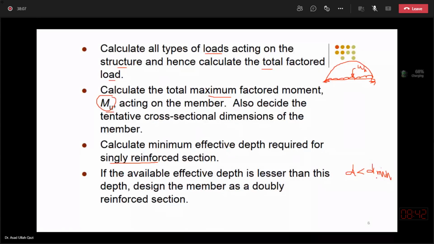I'm actually taking the example problem. So 300 was the total depth, 65 was the cover, so you will be left with 235 d.